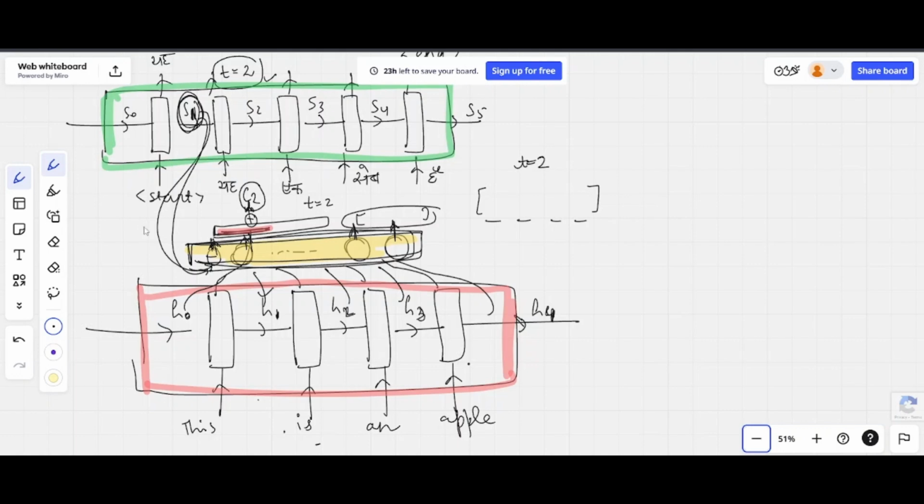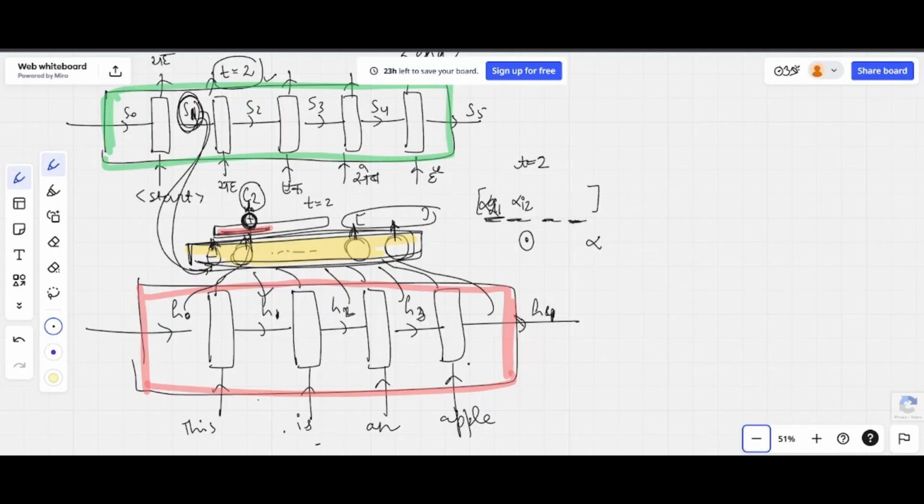Then this plus sign that we are seeing here: we are taking our hidden states and the corresponding weights that we got here, and doing a dot product of them. So we get the vector alpha 21, 22, 23, 24, since the time step is 2.